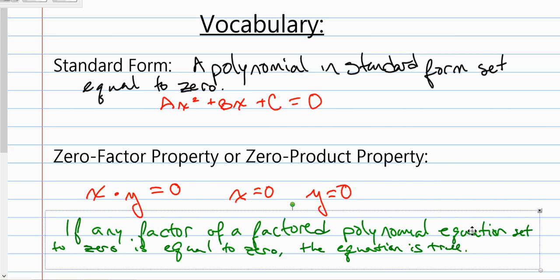So for us, what that means is that we are going to factor our polynomial in standard form, and then we'll set each of those factors equal to 0. Let's see what that looks like.